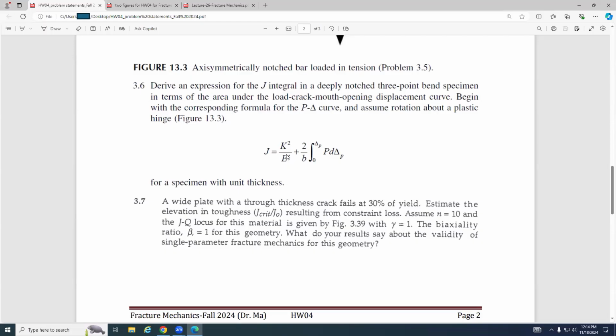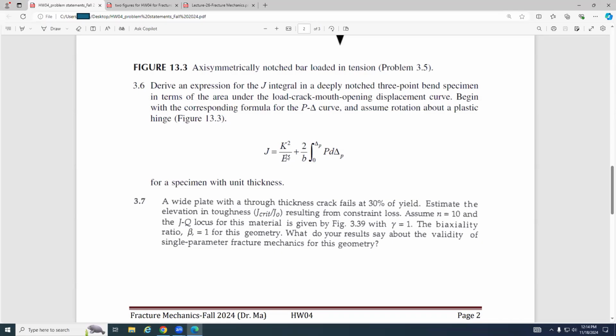This is the upper limit, and we change it to VP. We can rearrange this equation and have Ki squared divided by E prime, and then we multiply.